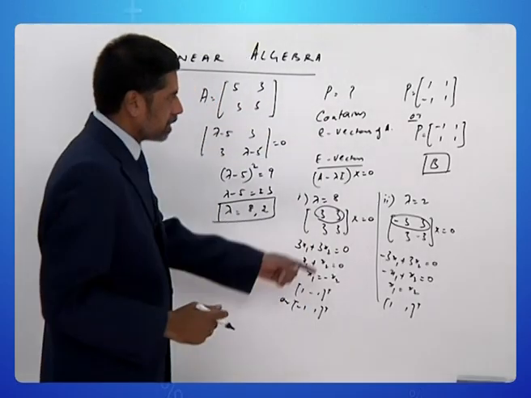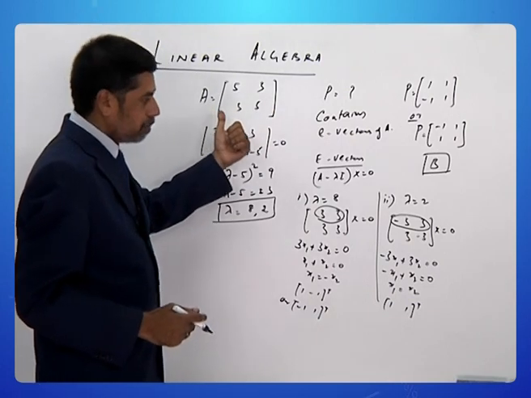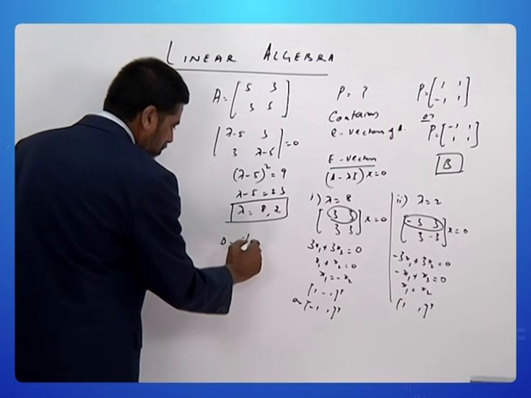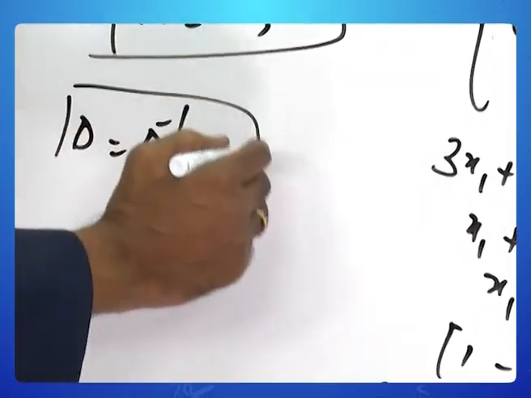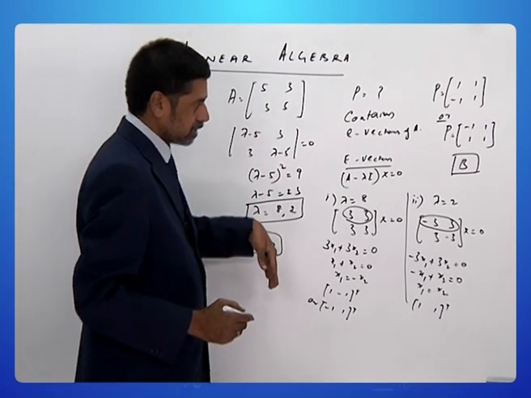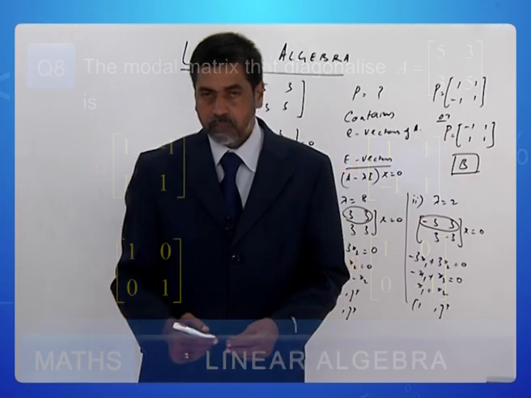So it is this matrix which will diagonalize the matrix A by the rule D is equal to P inverse AP. Of course, we are not interested in this. It is only to explain what can be done after the modal matrix is constructed. So B is the correct option for this problem. Let's go to the next question.